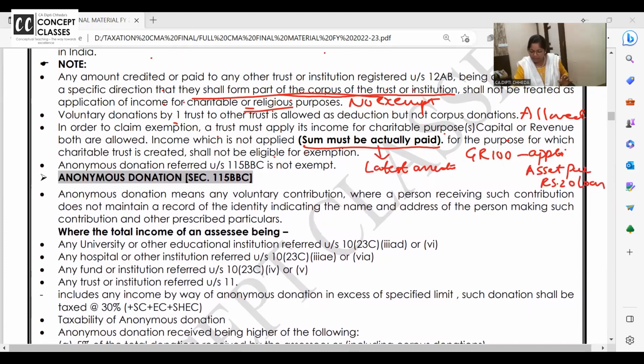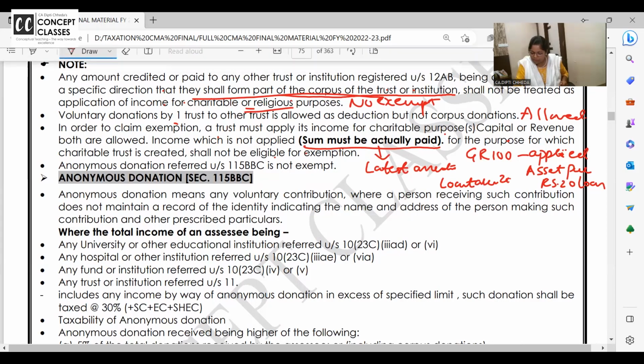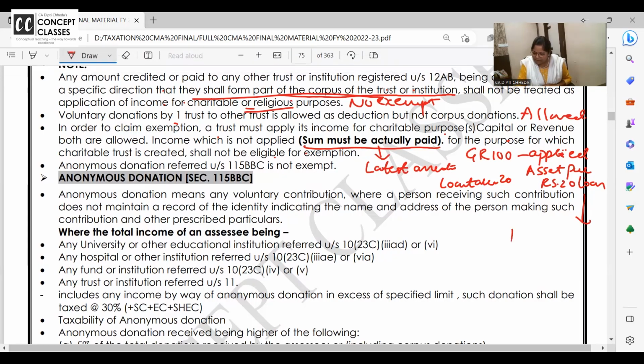First check this with me. What did I say? The trust's gross receipts were how much? 100 rupees. They applied it to an asset purchase of 20 lakhs by taking a loan. Now have you actually paid? No. You took a loan, taken 20 rupees and you have purchased it as applied. Can it be treated as asset purchase of 20 lakhs? I'm writing here: not treated as applied.